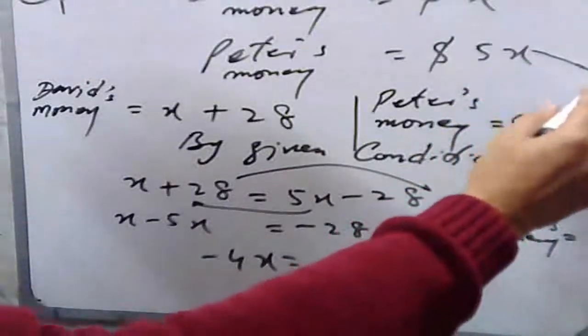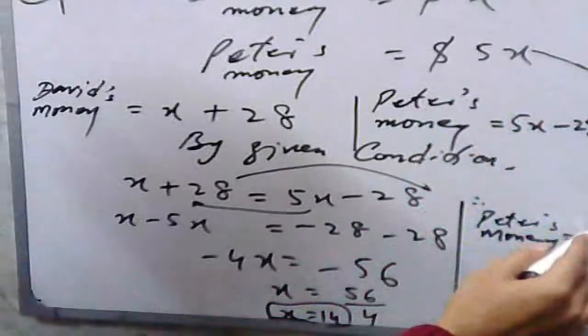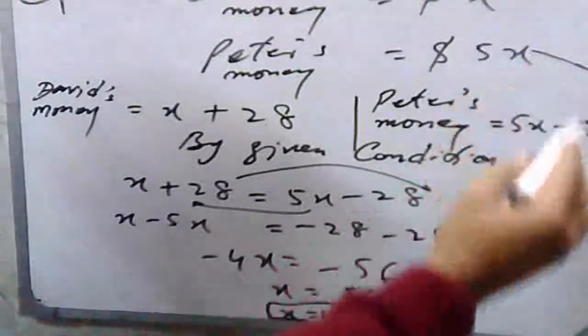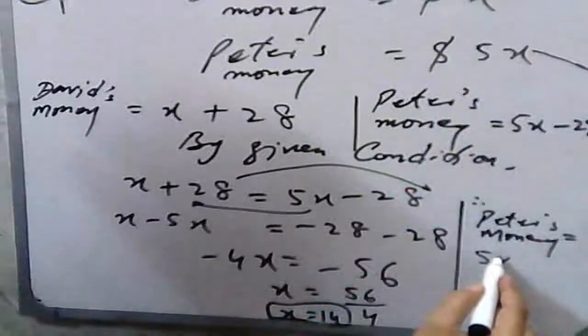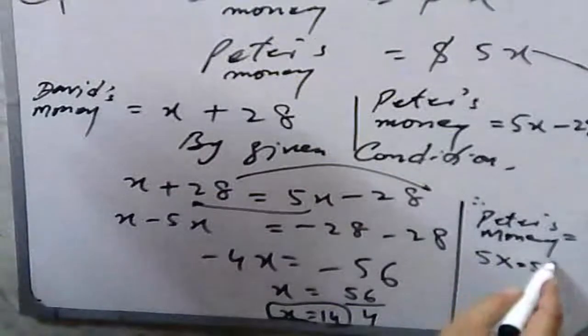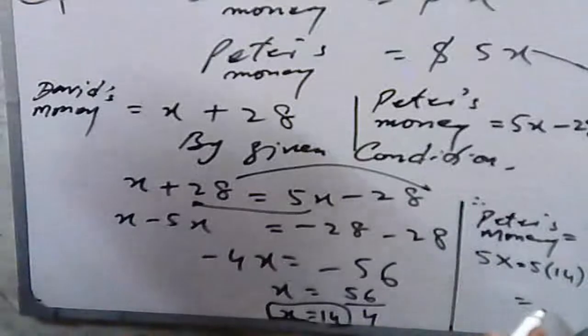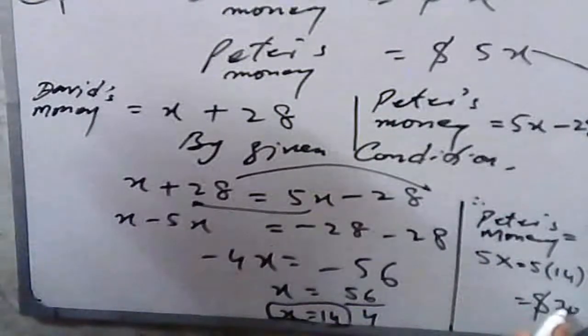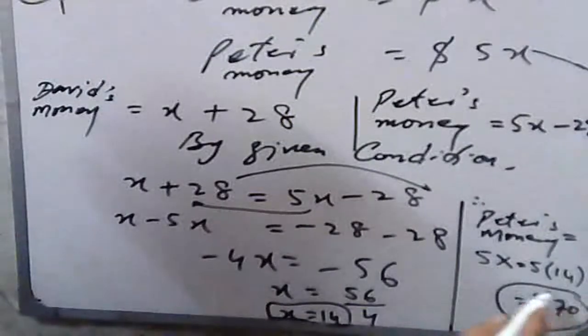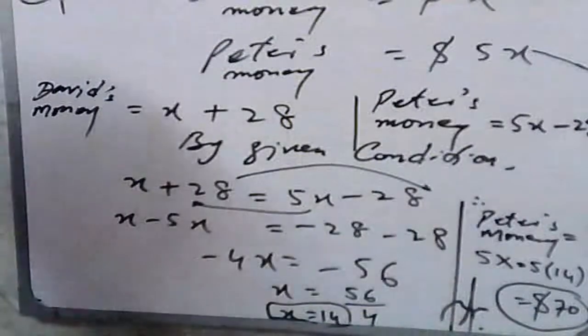You should see here, we used that expression, 5x. So 5x means 5 into the value of x, which is 14, just as you calculated. So your result is $70. So this 70 is your required result. So coming to question number 3.